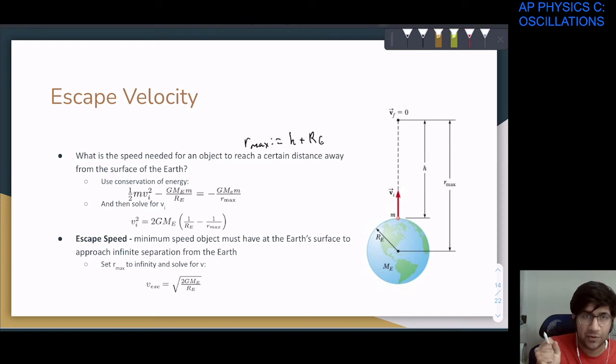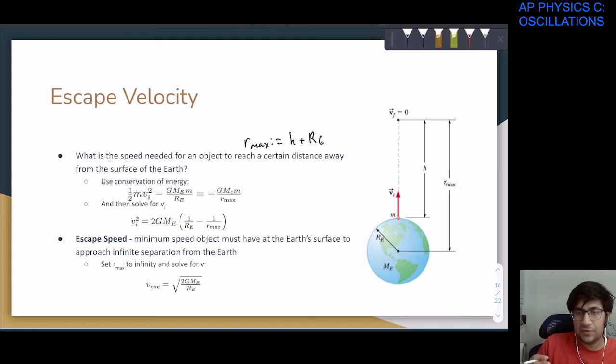We don't want to oversupply, or we don't want to have any velocity at that point. And now we just solve for vi, and we end up getting this expression over here. Now, one thing. So escape speed is defined to be the minimum speed needed, the minimum speed the object must have at the Earth's surface to approach infinite separation from the Earth.